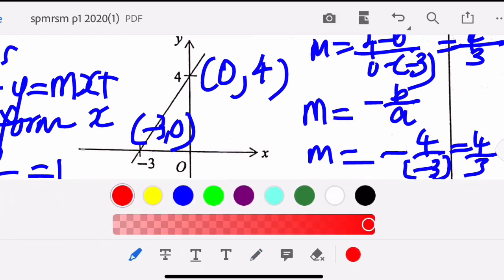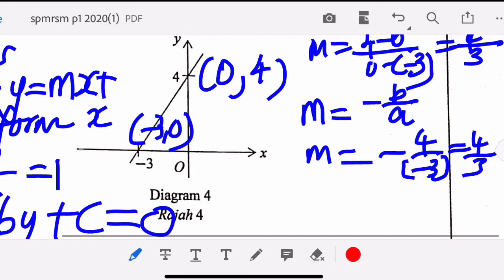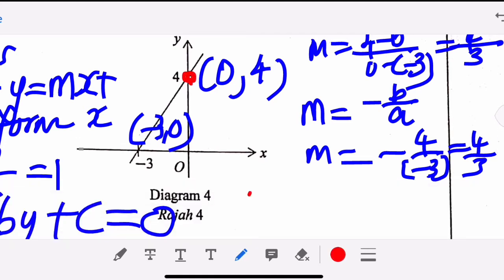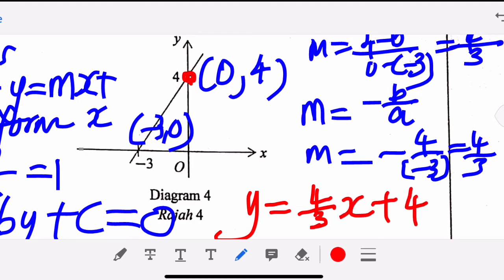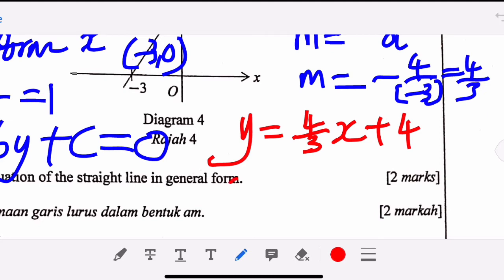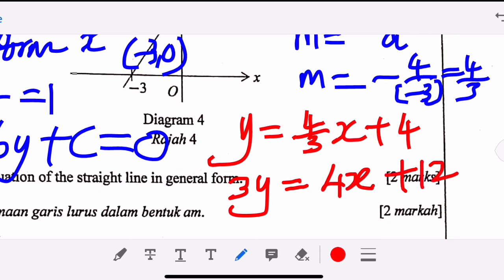So now the intercept was given, right? So you don't have to find. So this is the intercept. So I'm going to write my equation with a 4 over 3x plus 4, mx plus c. This is the gradient form. So in order to form the equation into general form, I times 3 every term.